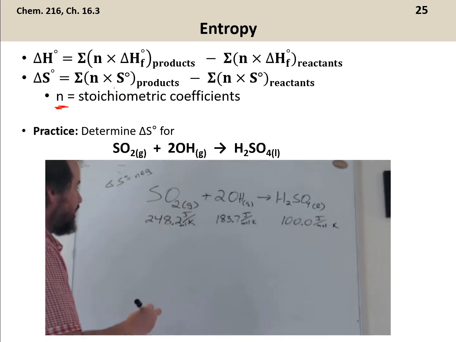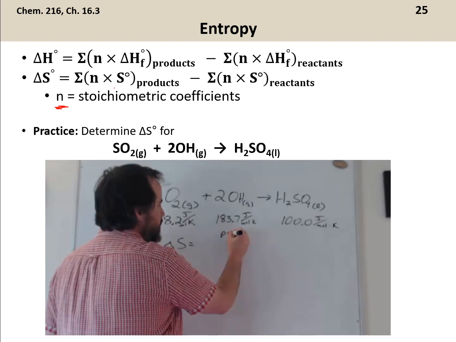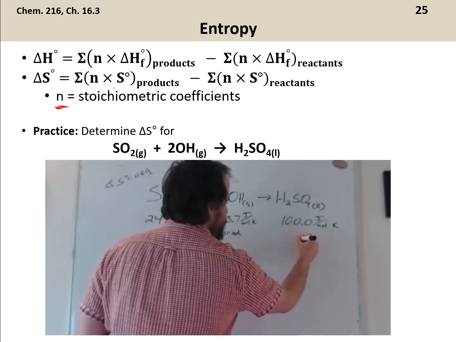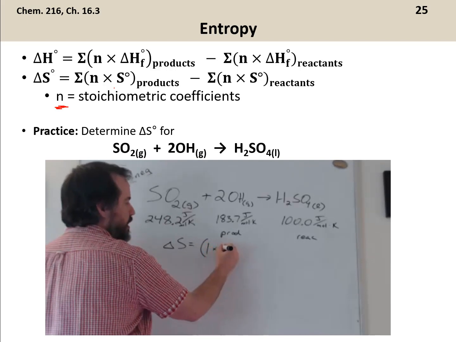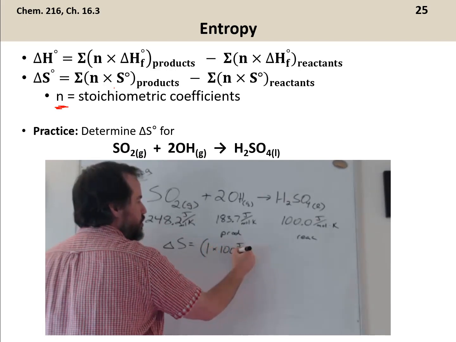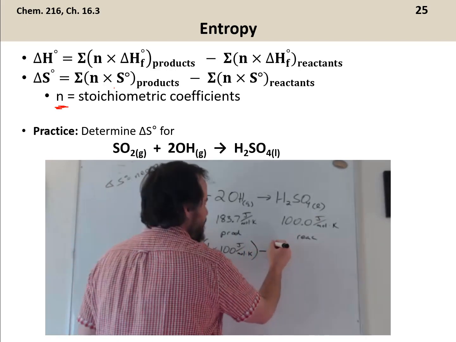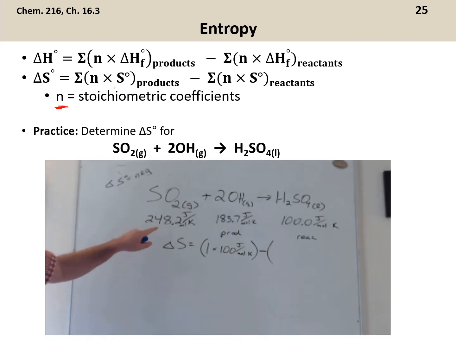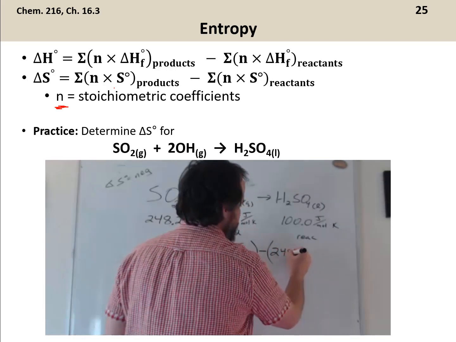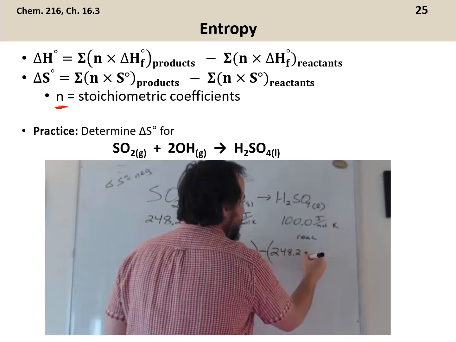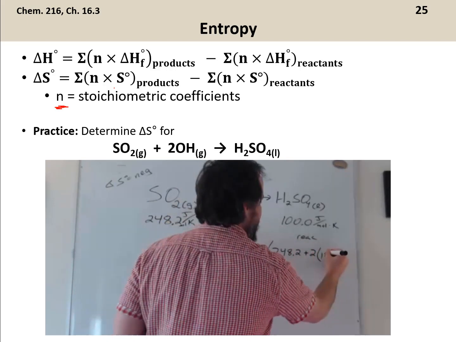And so I can just say that delta S is going to be products minus reactants. So I do 1 times 100 joules per mole Kelvin, minus 248.2 times 1 plus 2 times 183.7.